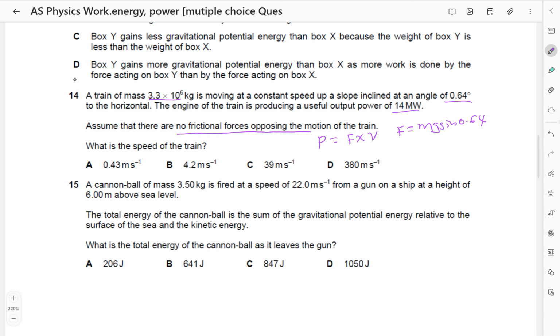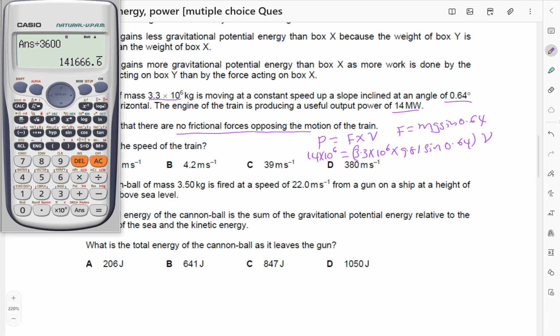So what is the speed of the train? The power is 14 times 10 power 6, which will be equal to the force, which is 3.3 times 10 power 6 times g, which is 9.81, times sine of 0.64. So this is the force, then times v.